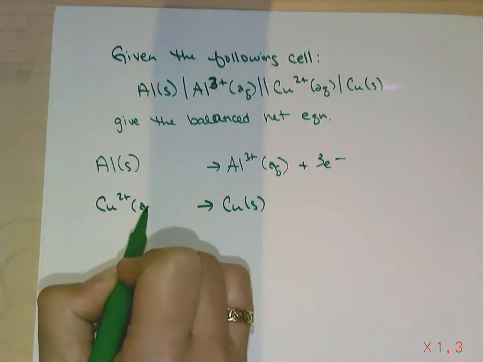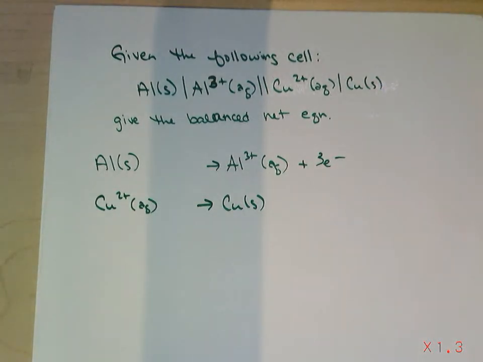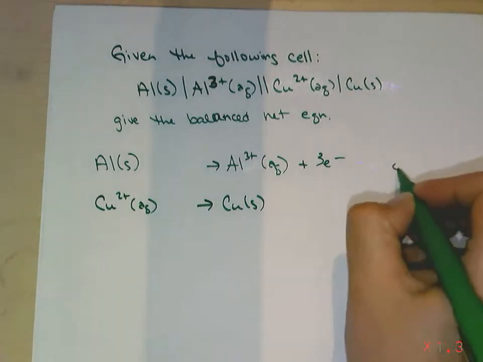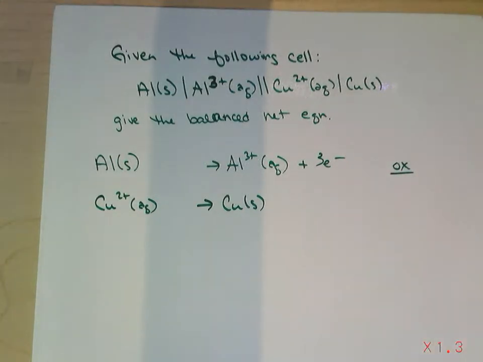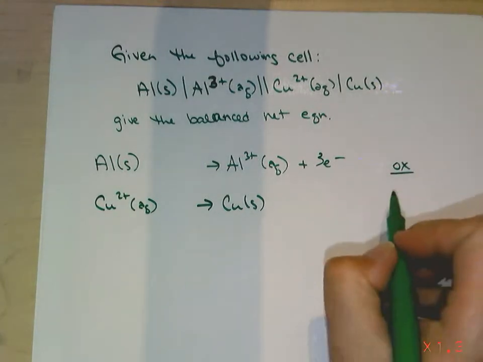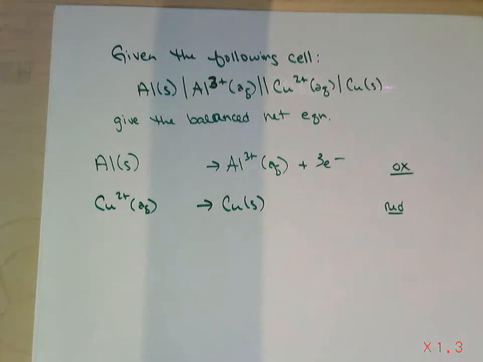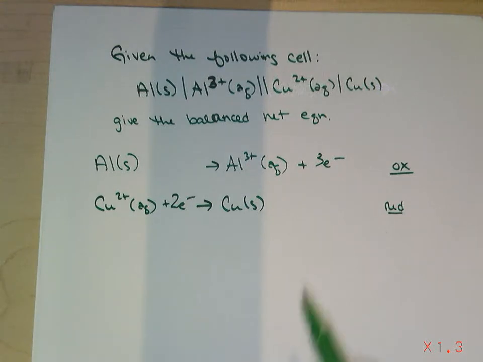All right, so then I have this guy. If I know this was the oxidation, where do I put the electrons for the reduction? Okay, and how many do I need? So then, how do I recombine these so I have no electrons left over?